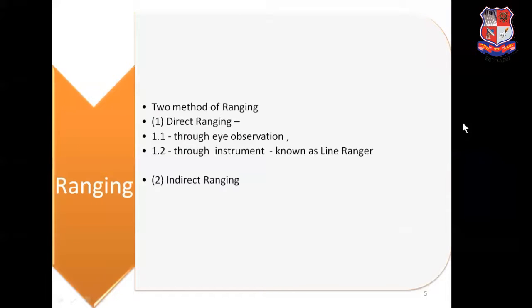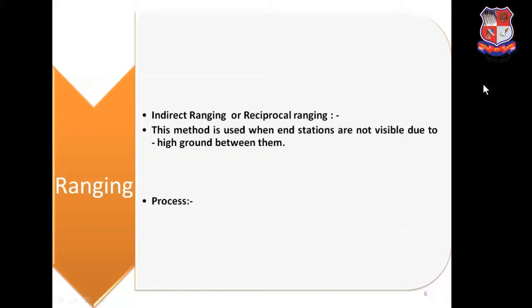Now there are two types of ranging. One is direct ranging and the second is indirect ranging. I am going to discuss indirect ranging in this lecture. So what is indirect ranging, which is also known as reciprocal ranging?